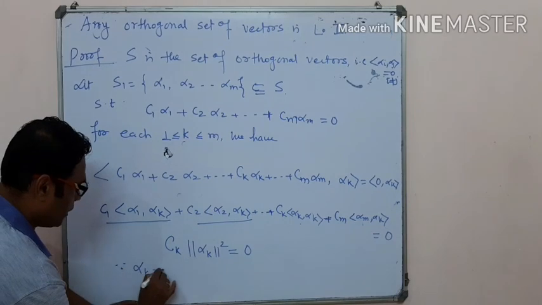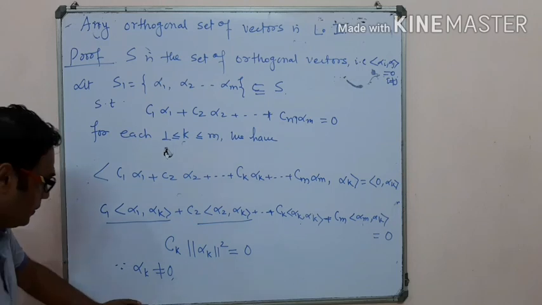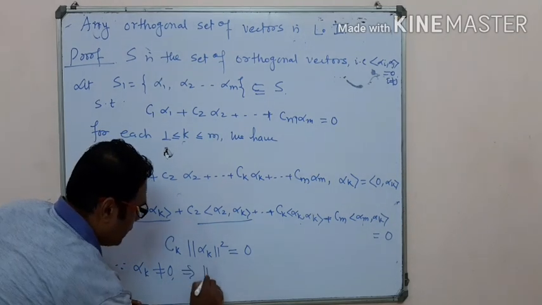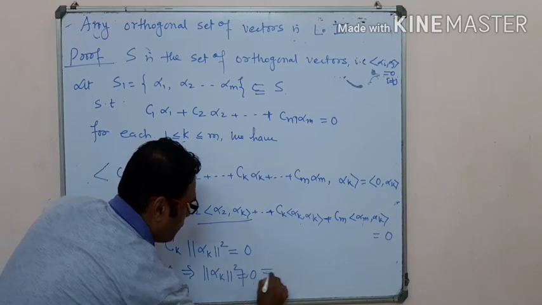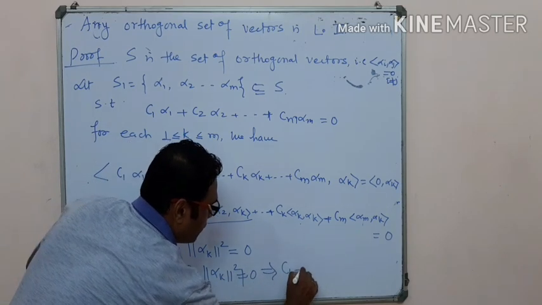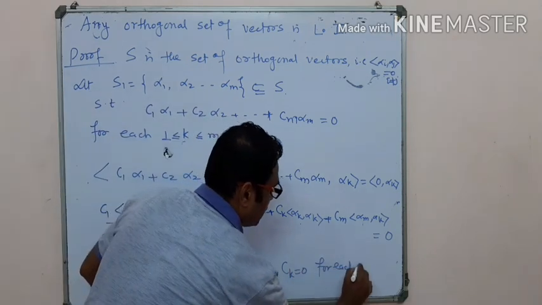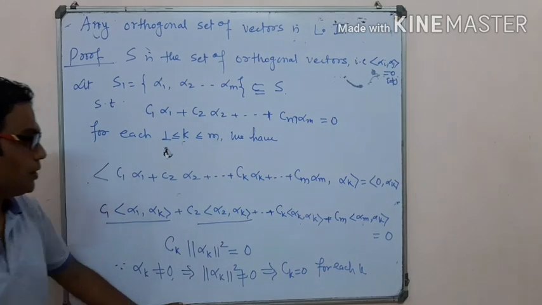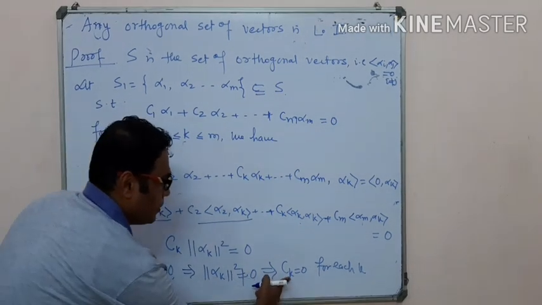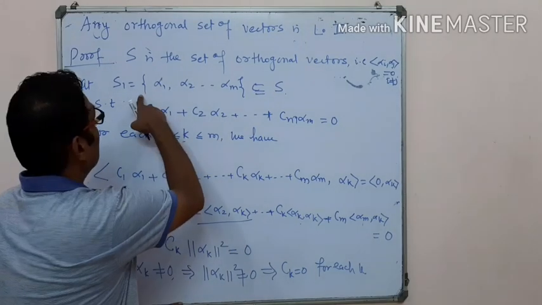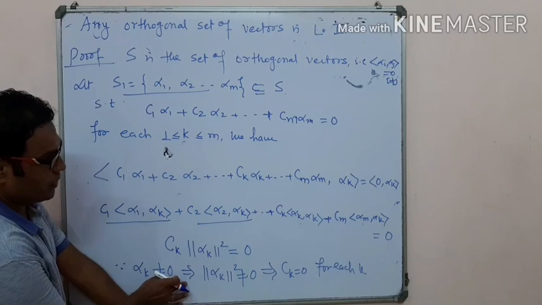Since alpha k is not equal to 0 because it is a set of non-zero vectors, it implies that the norm of alpha k whole square is not equal to 0. So obviously Ck is 0 for each k, and S1 is linearly independent by the definition of this concept.